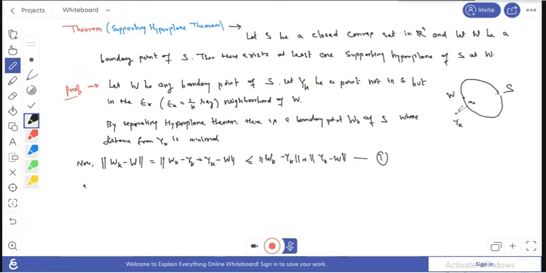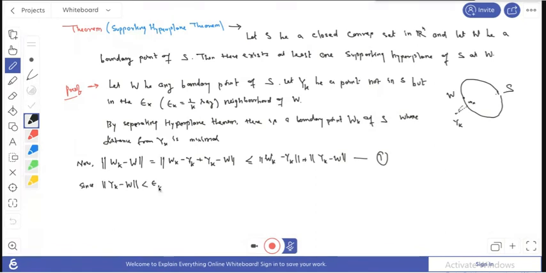You also know that the norm of yk minus w, where the yk point is basically in the epsilon k neighborhood of this boundary point wk, is less than epsilon k, because you take the epsilon k neighborhood of that point.